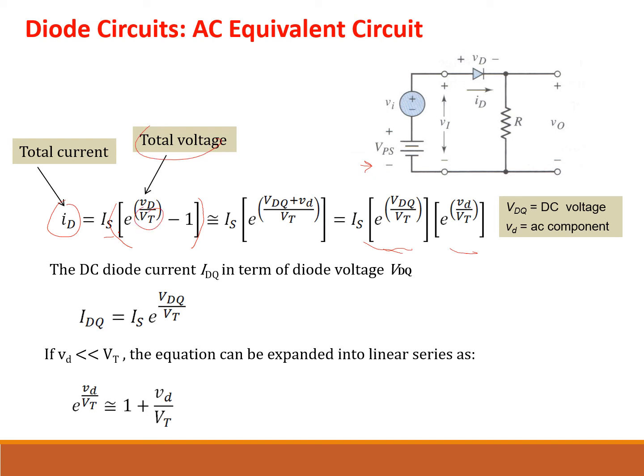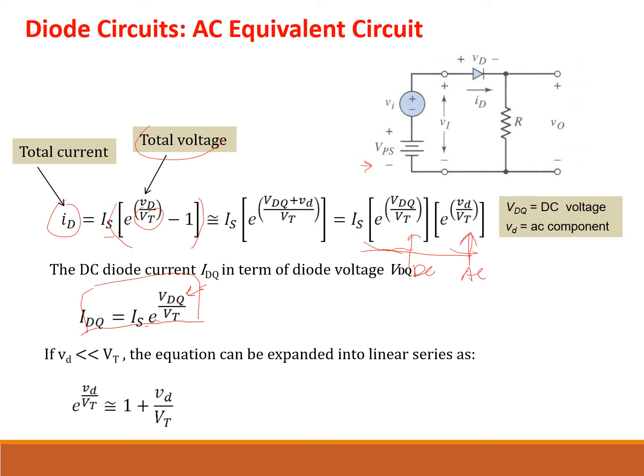This can be approximated as these two terms: first is the term with the DC value, and this is the term with the AC value. From there we can say that IDQ is equivalent to IS exponential VDQ over VT, where VDQ is the Q point for voltage and VT is the thermal voltage.